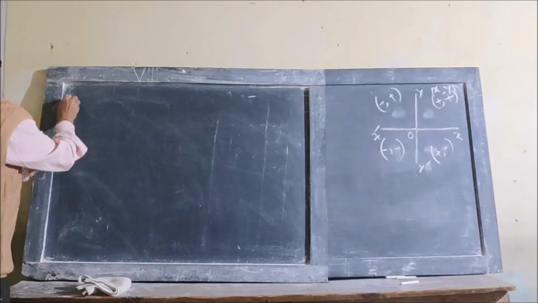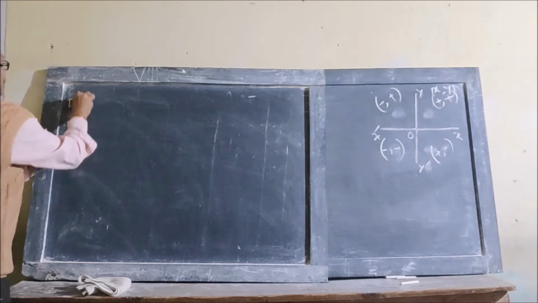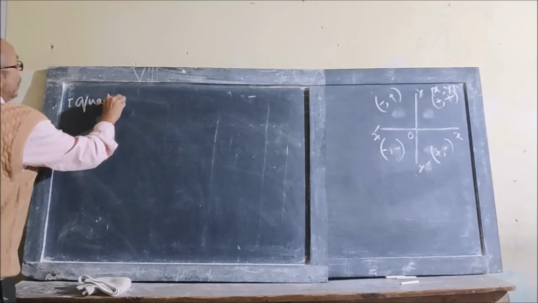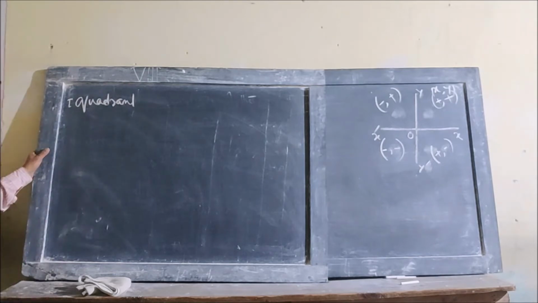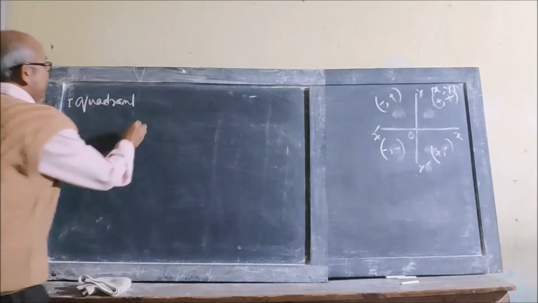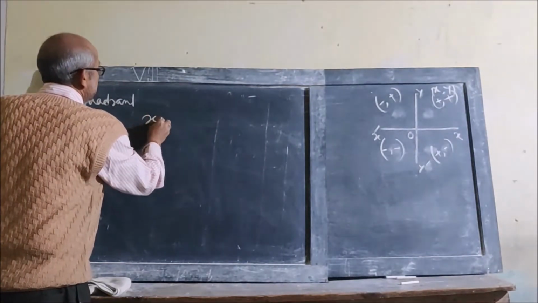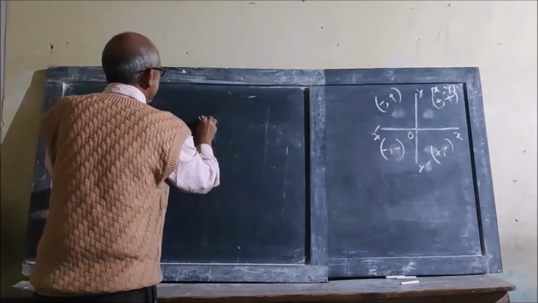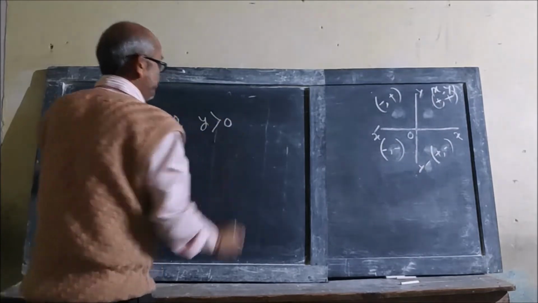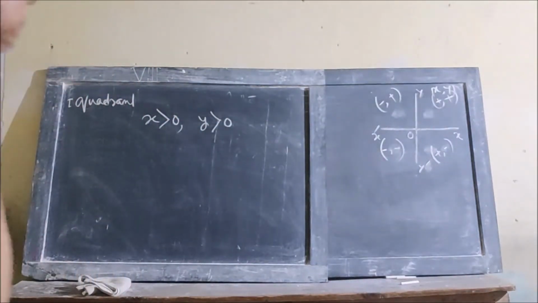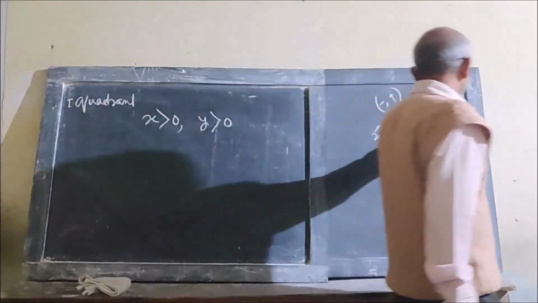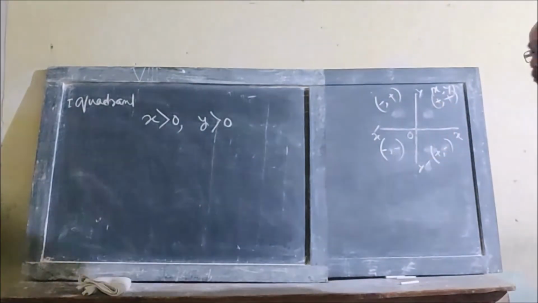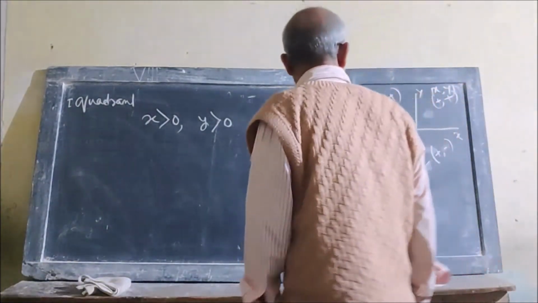First quadrant: x greater than 0 as well as y greater than 0. Here plus means it is more than 0, that is greater than 0.